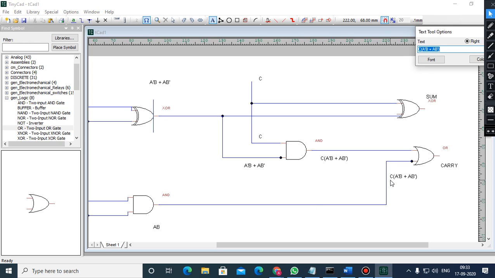And at this point we are receiving AB, and at carry part we are receiving AB plus C, A complement B plus AB complement.